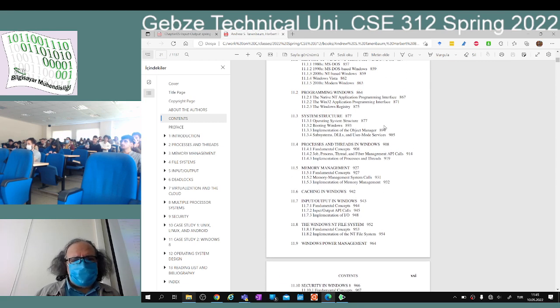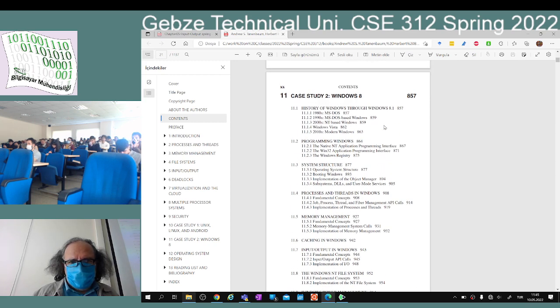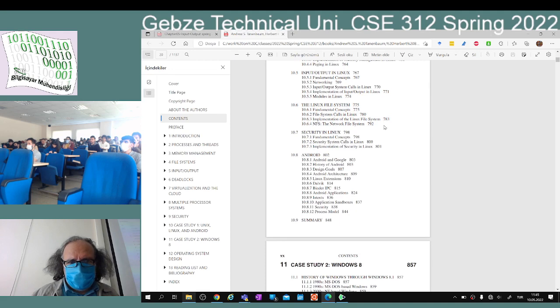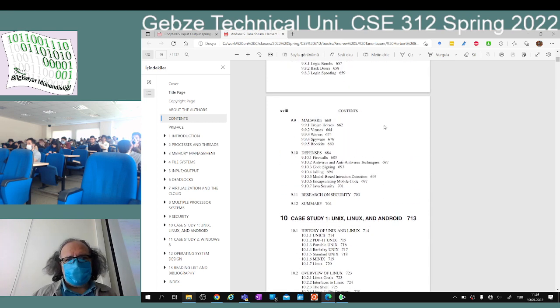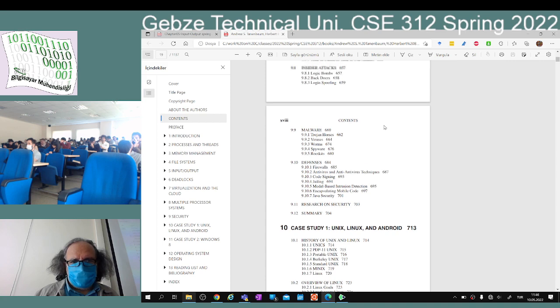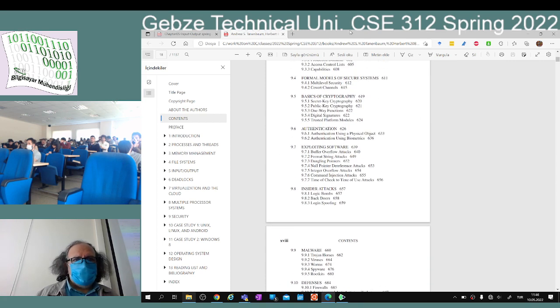Since the file systems are not specific to operating system, because I can use the NTFS file system anywhere I like, I think they did not talk about it. Yeah, they did not talk about it that much. Maybe they talked about it in the... No, it is not there. I just wanted to go there and show you some NTFS based stuff on there, but it's not there. Anyway, so let's go back.